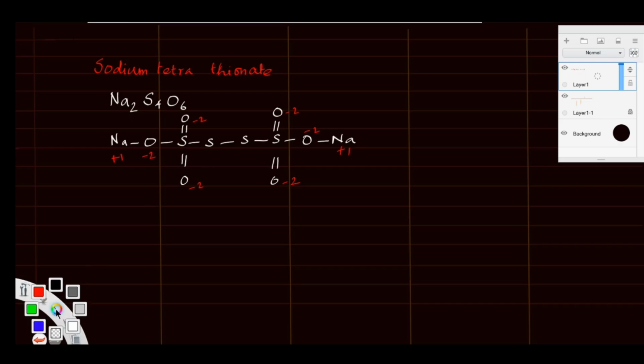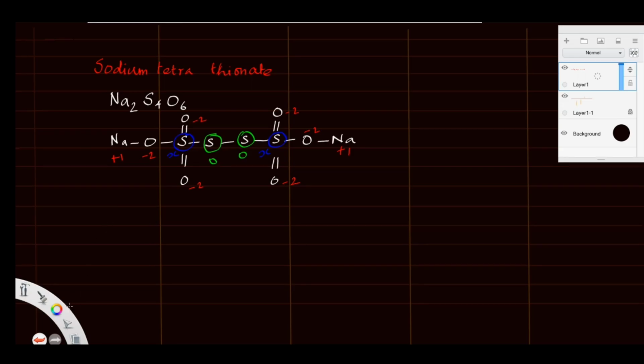Then the sulfur linked and surrounded by 3 oxygens has X. Similarly, the other sulfur has X, and the middle sulfurs both have 0 as the oxidation state.